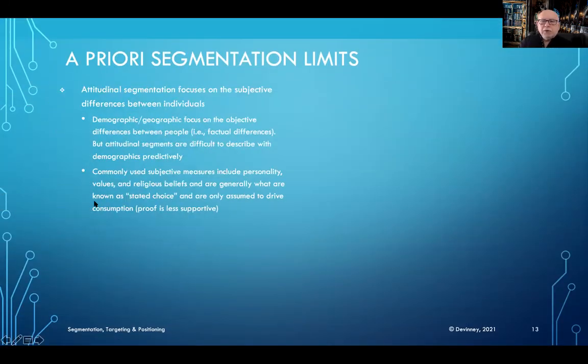And if you look at the limits of this, particularly if it's attitudinal information, you're really relying on mostly subjective differences amongst individuals. So you tend to focus a lot on the demographics, where people live, how much money they make, and so on and on.